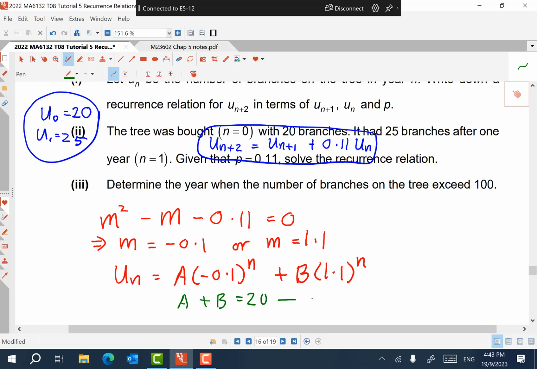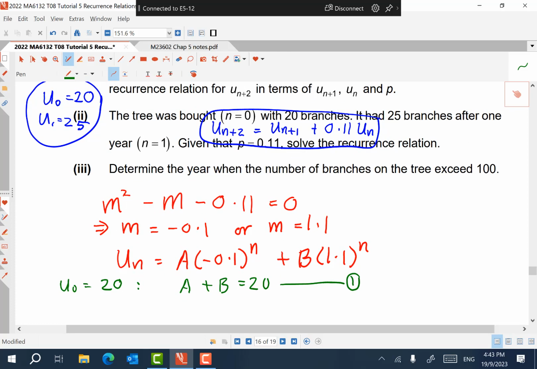Le, do you get this equation? Because you know that U0 is actually 20. Then because U1 is 25.